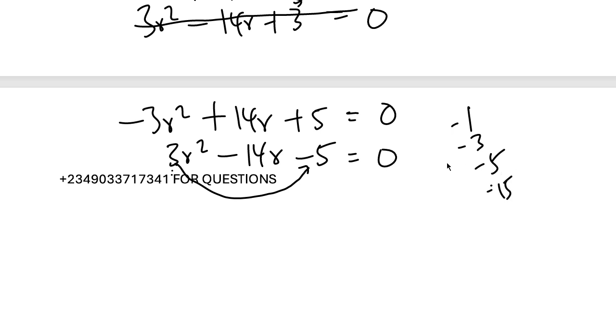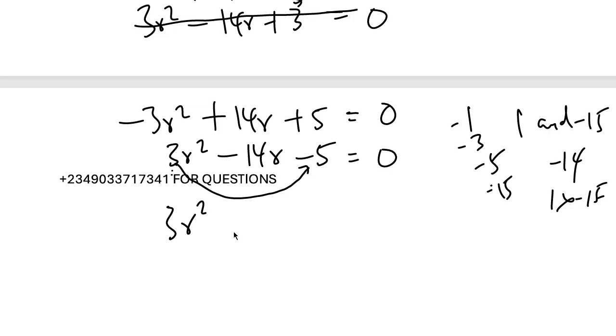The two numbers you add that will give you negative 14, and that you multiply, that will give you negative 15, is 1 and minus 15. Why? Because 1 minus 15 is negative 14, and 1 times negative 15 is negative 15. So that will be 3r squared plus r minus 15r minus 5 is equal to 0.